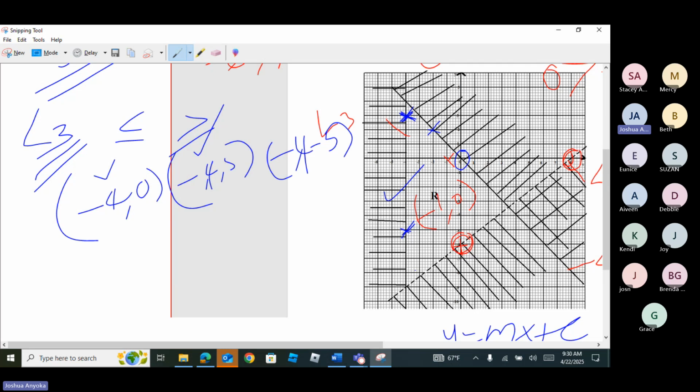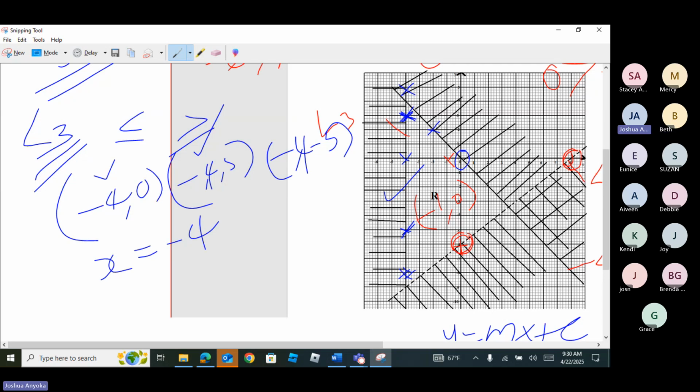It's a constant. It is passing through anywhere, any point. There is a negative 4 along that line. So this one tells us that the equation is x is equals to negative 4. It's a constant. Negative 4 is constant everywhere.